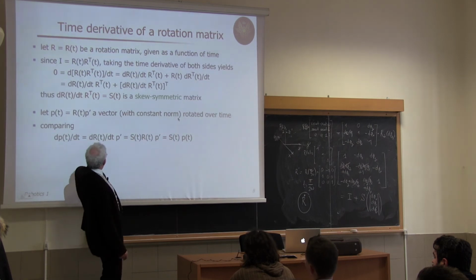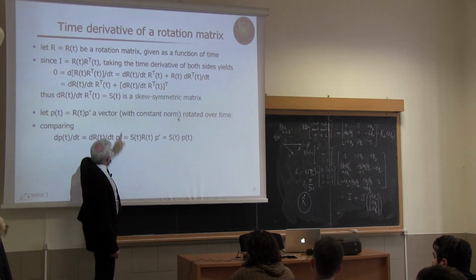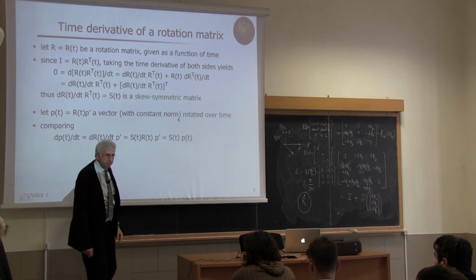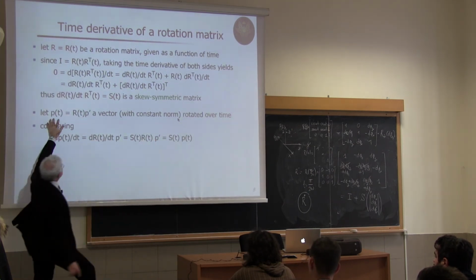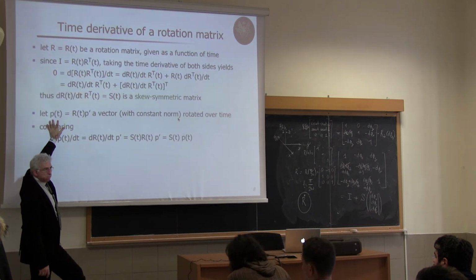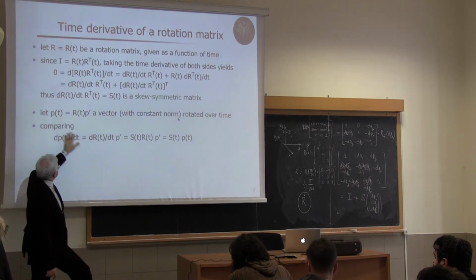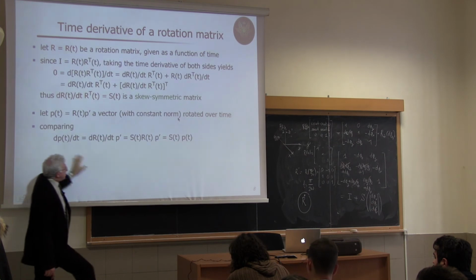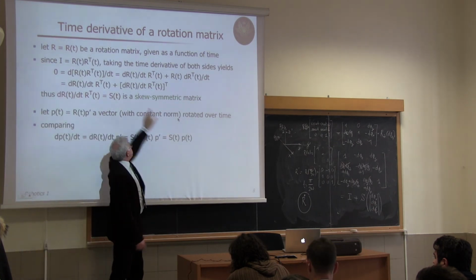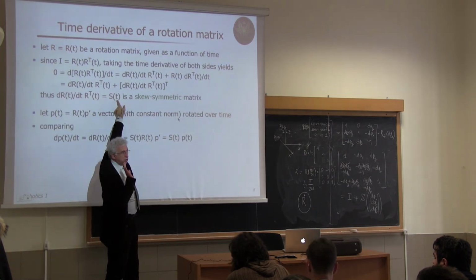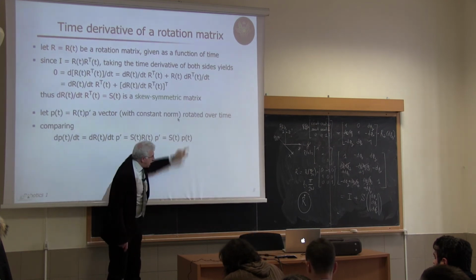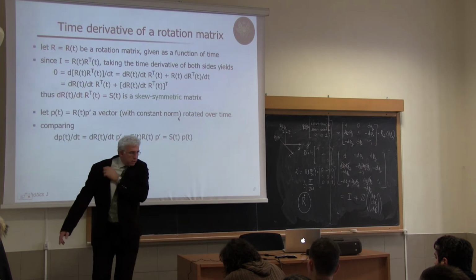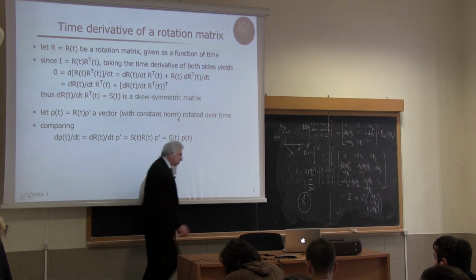So here I have the derivative of R, so I replace it by S times R. And now I recognize that this is my original vector. Okay, so I can say that the velocity of this point is this matrix, which I still don't know how it is made, I only know that it is skew-symmetric, times the position of this vector. Okay?